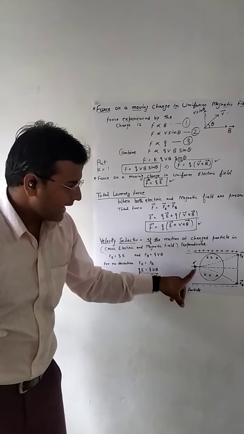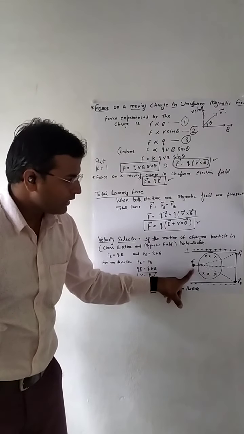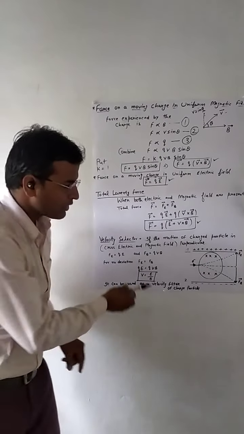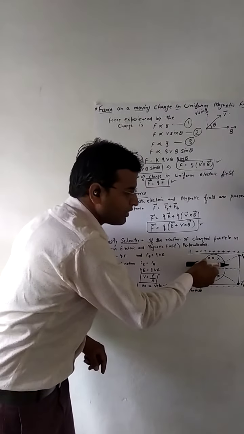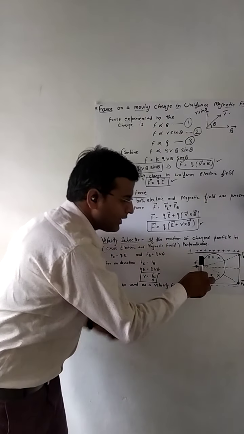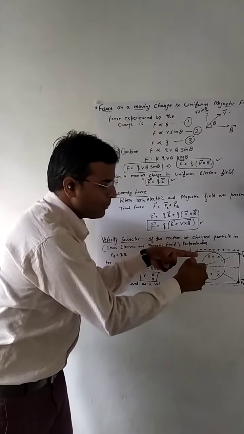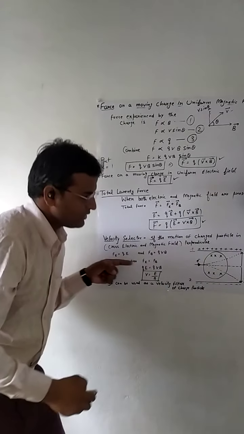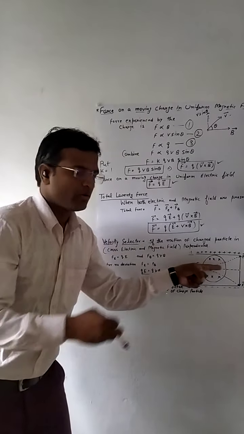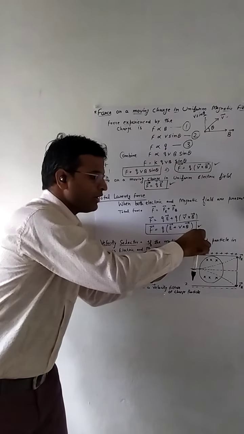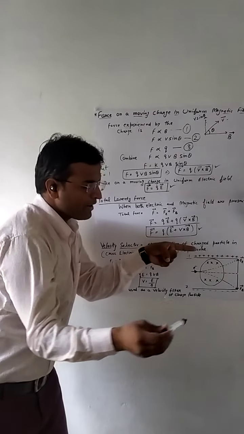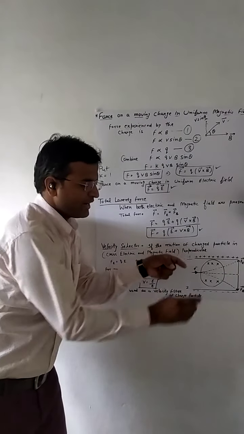Now an electron moves perpendicular to the electric field and perpendicular to the magnetic field. Again, this is the direction of the electron, which is perpendicular to the direction of the electric field and perpendicular to the direction of the magnetic field.